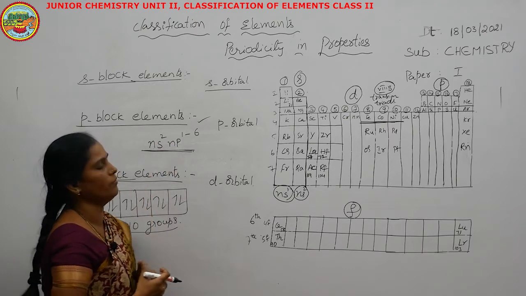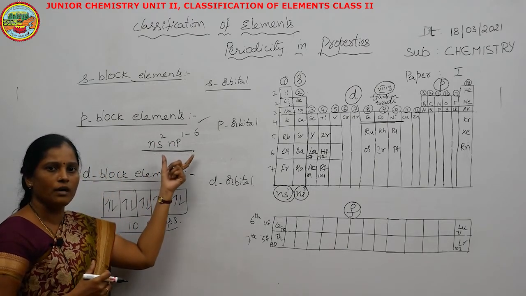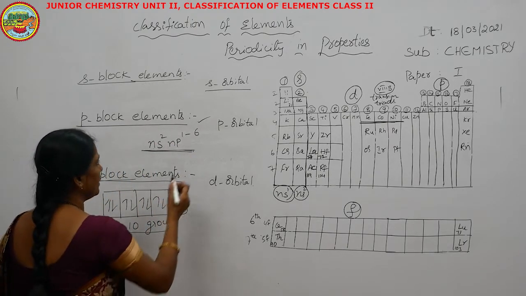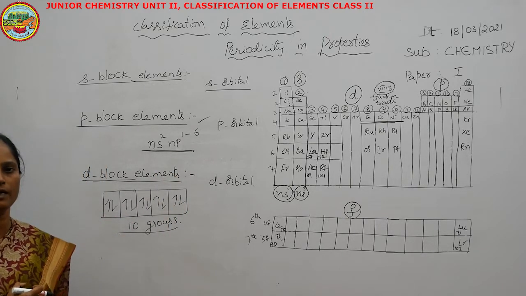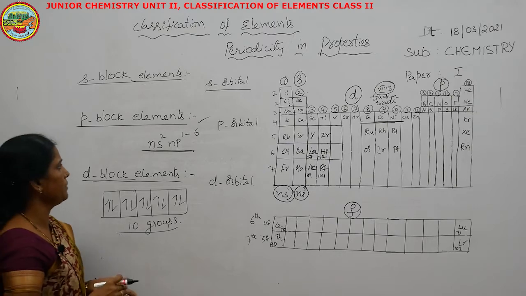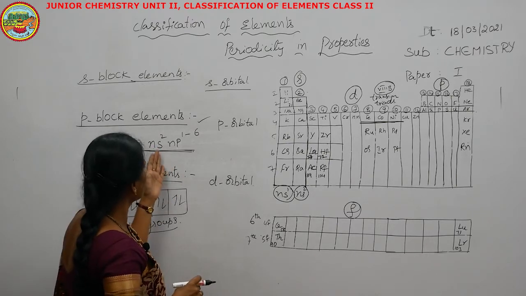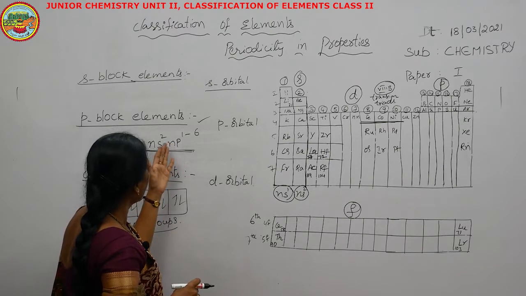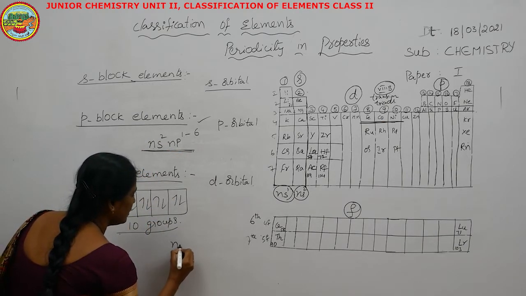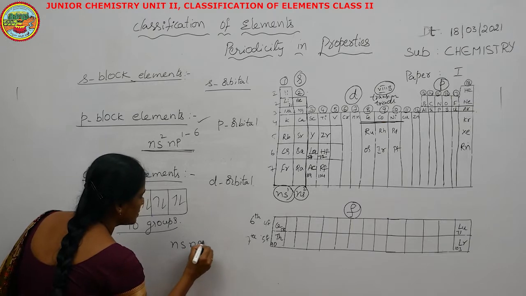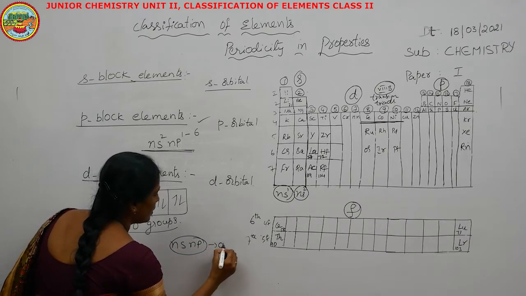S and p are called the valency shell. They are completed. Then the electron enters into the inner shell. This is called the penultimate shell. Penultimate shell means the shell before the outermost shell. That means d. The ns and np are the outer shells.